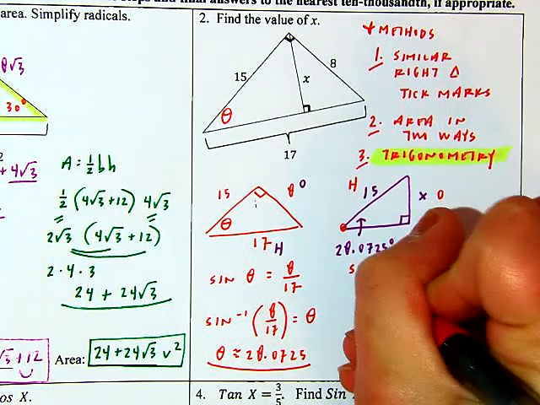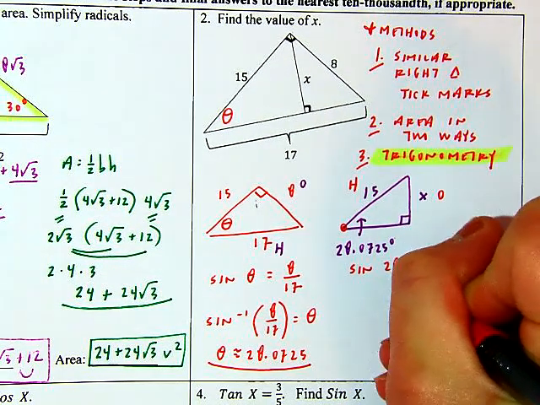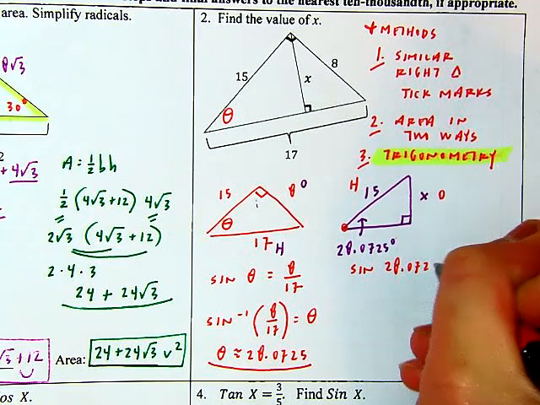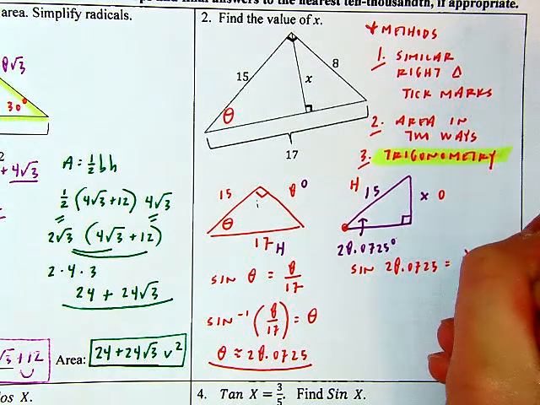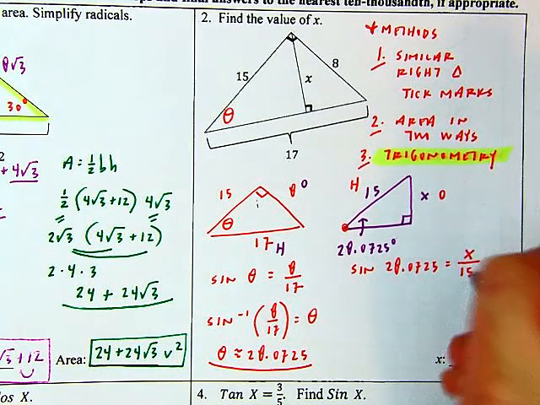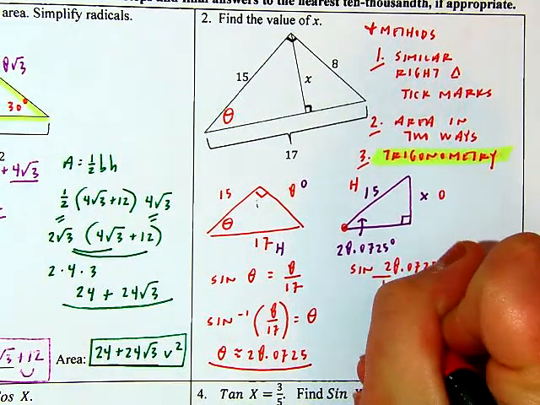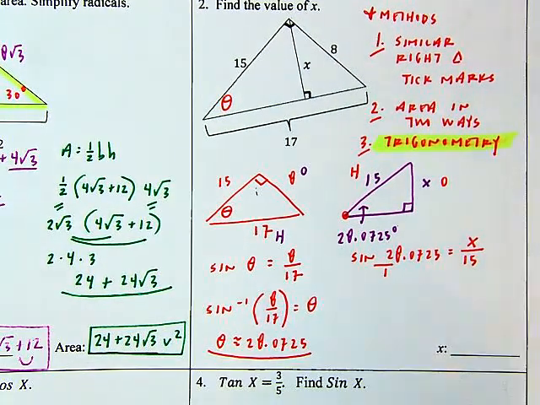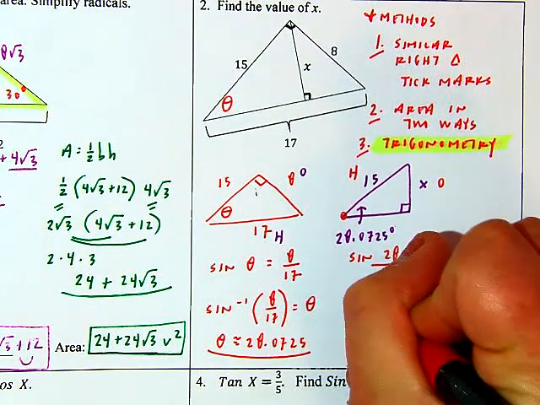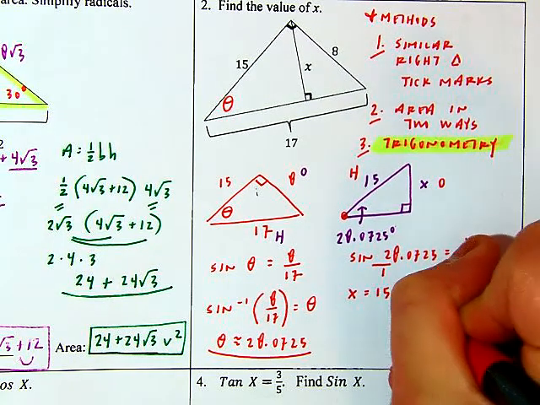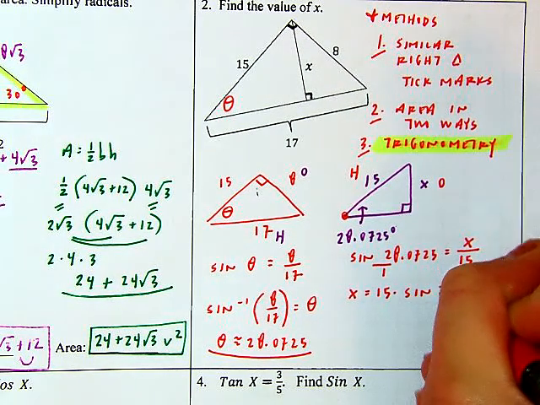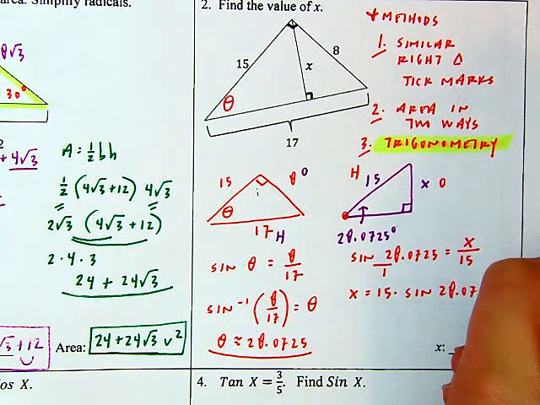I know that sine 28.0725 equals the opposite over the hypotenuse, x to 15. I picture that as a proportion and I cross multiply. So x equals 15 times sine 28.0725.